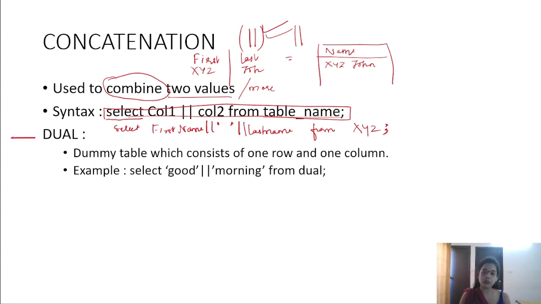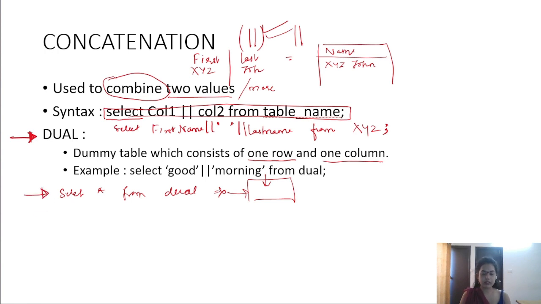Now there's one more concept, dual. Dual is a table which has only one row and one column. If you do a select star from dual, you'll get a one row, one column table. Why do we use this dual?